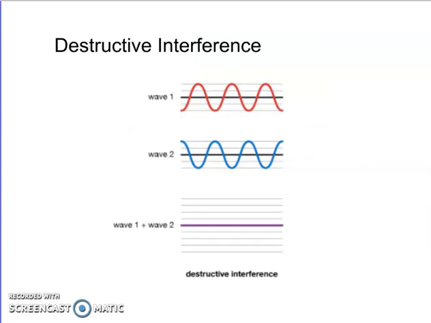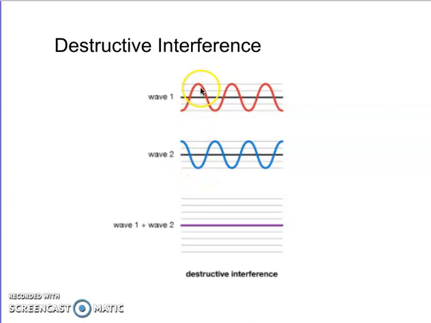Now the opposite of constructive interference is destructive interference. So when two waves, like our wave 1 here and wave 2 in blue, occupy the same space at the same time, as you can see, the waves no longer match up. When there's a crest, the highest point on wave 1, there's a trough, the lowest point on wave 2.